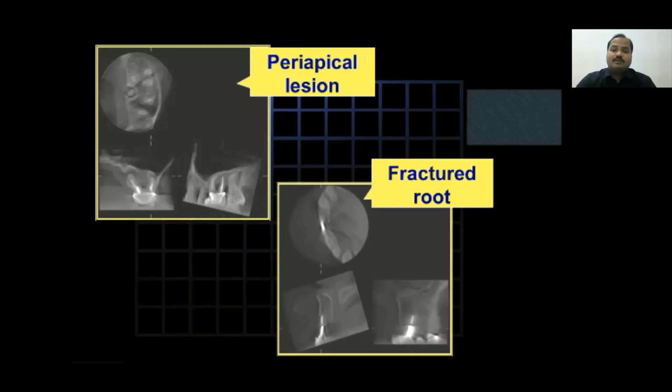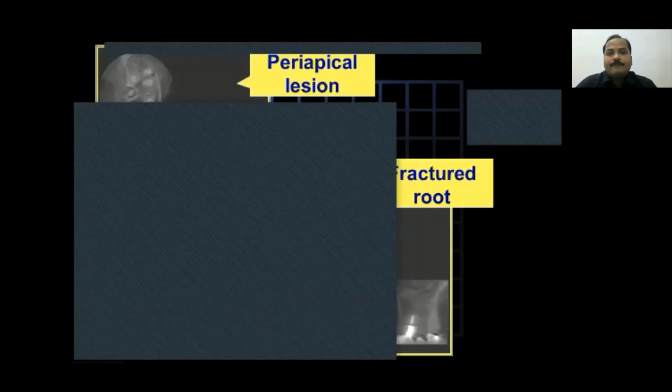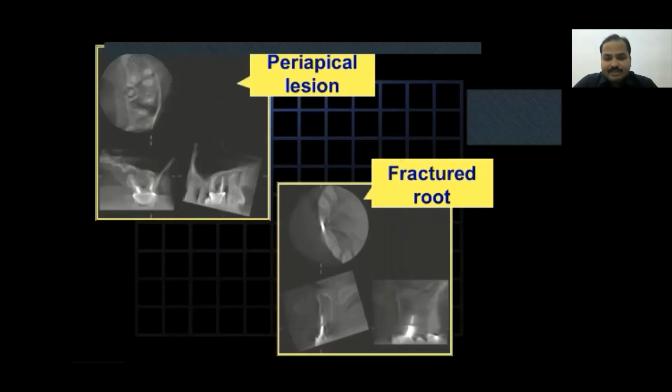And when vertical fractures are present, even on a mesial root surface or a buccal root surface, the vertical fracture may not be visualized on the IOPA film. So we have to go for the second aspect, which is the CBCT imaging.